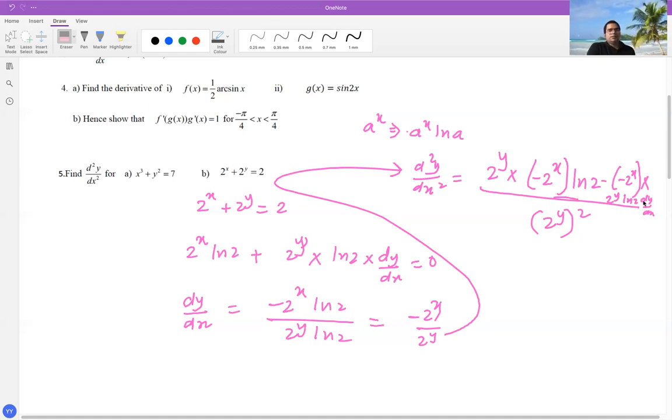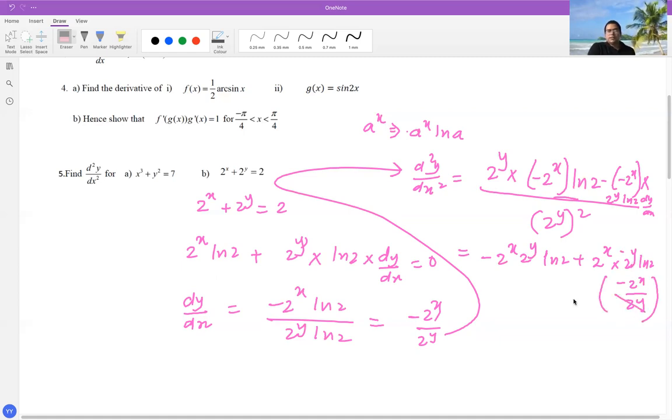So now after this, what you're going to do is substitute for dy by dx. So what we got so far: -2 to the power x, 2 to the power y ln 2, and minus becomes plus 2 to the power x times 2 to the power y ln 2, and in place of dy by dx, I'm going to put this minus 2 to the power x over 2 to the power y as a multiplier.